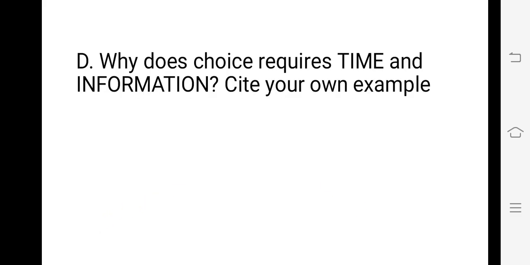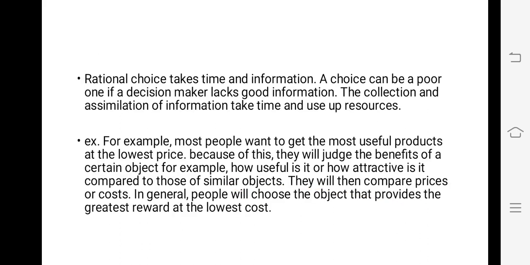Letter D is why does choice require time and information. Cite your example. Rational choice takes time and information. A choice can be a poor one if a decision maker lacks good information. The collection and assimilation of information take time and use up resources. My example for this is most people want to get the most useful product at the lowest price.